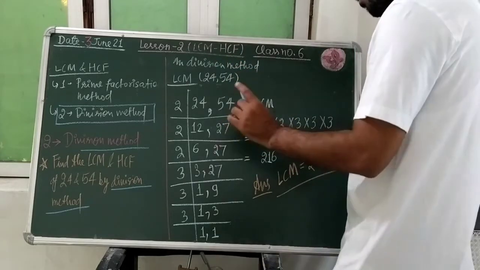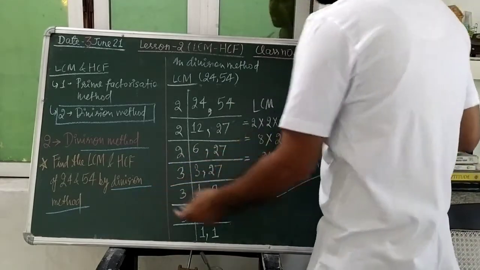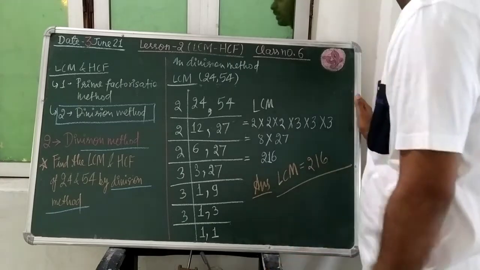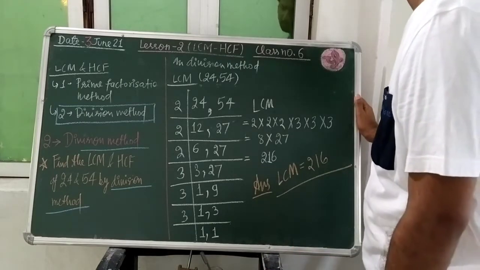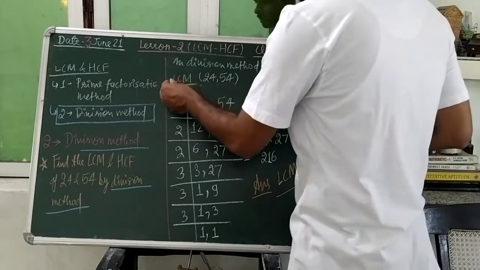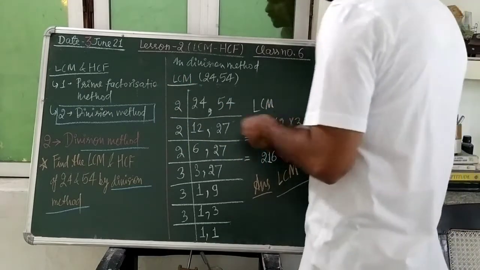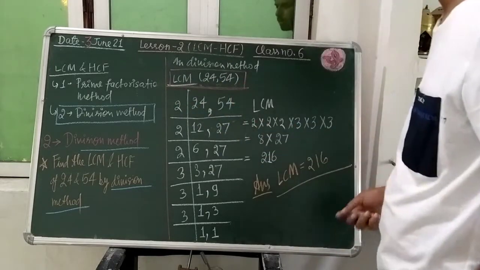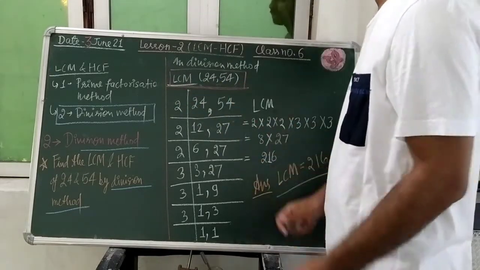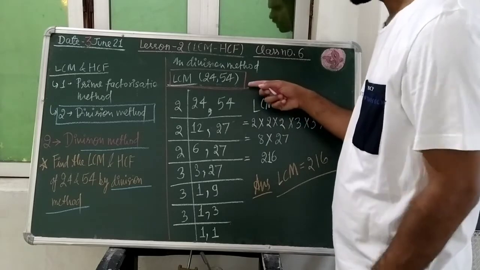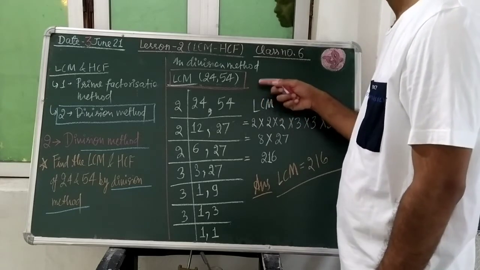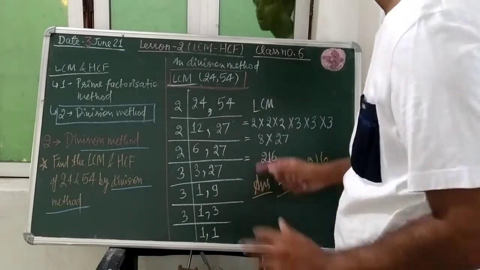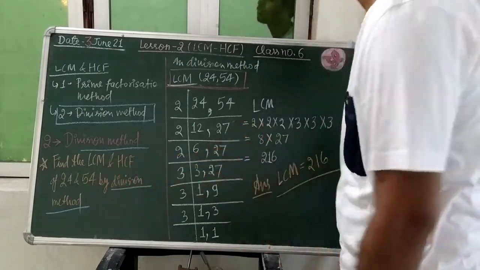And here the problem is asking you to find the LCM and SCF of 24 and 54. So we were performing that LCM. I have told you that to find the LCM by division method, you will select all the numbers given in the problem.